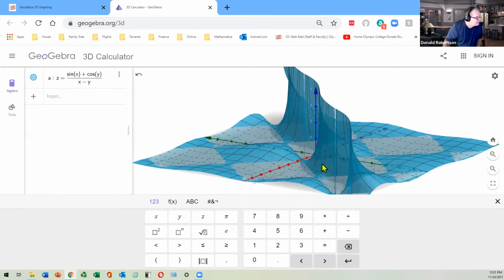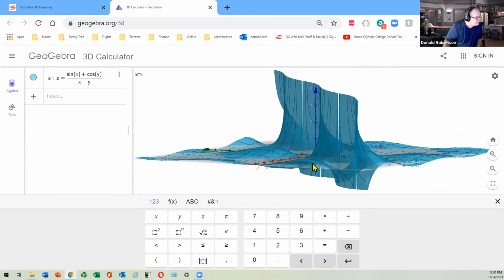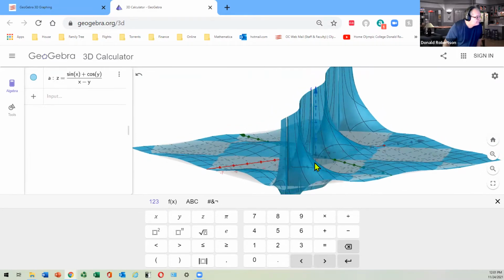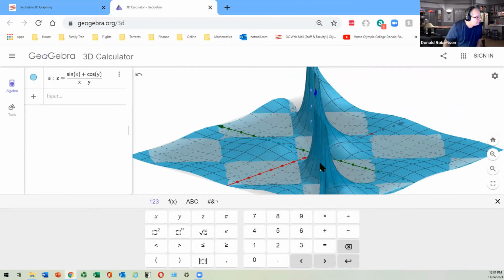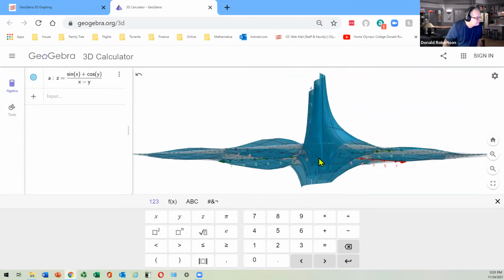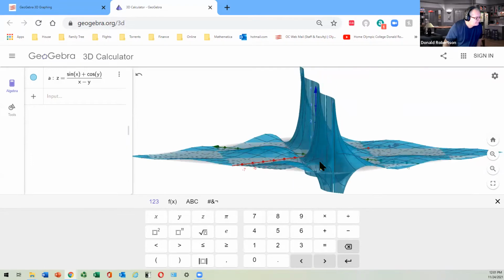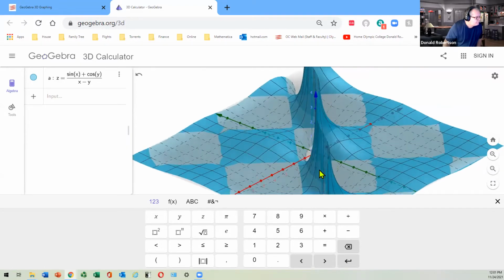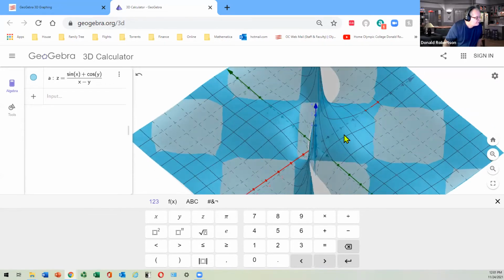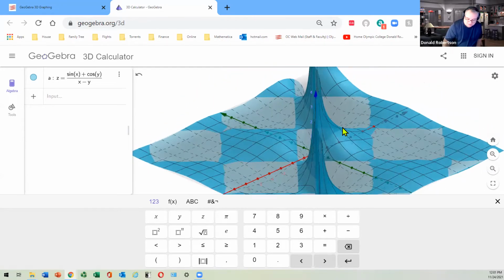Can you see that the nice smooth sea-like thing has now been basically destroyed, if I angle it a little bit differently, by an infinite vertical asymptote? Do you see it? And not only is it an infinite vertical asymptote, do you see it's got a little wiggle in it? There'll be a little sinusoidal curve.